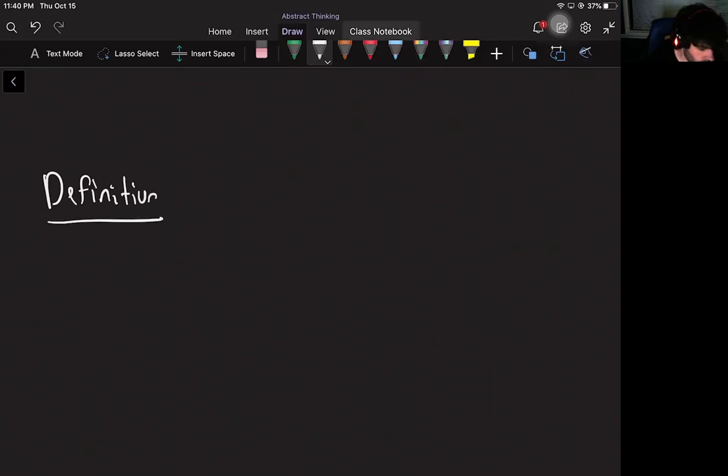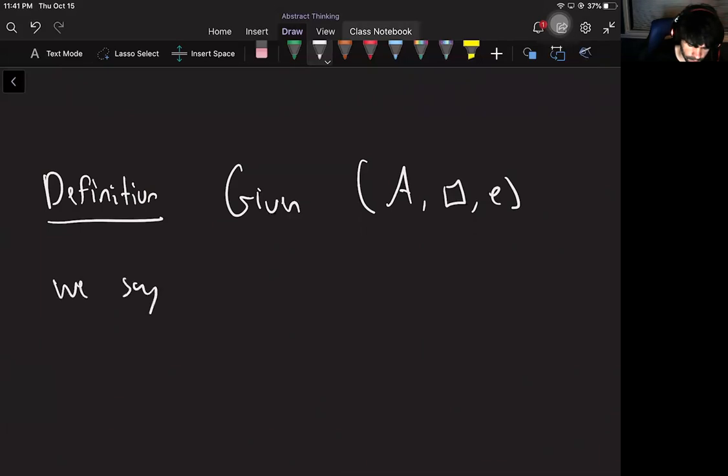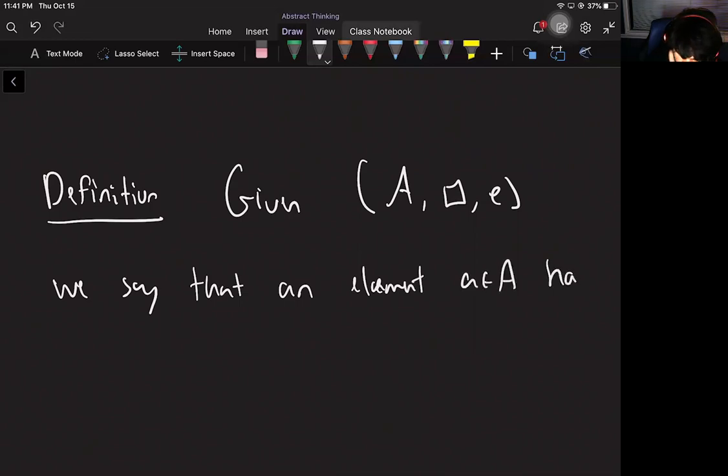So here it is. Given a set A with an operation with an identity, we say that an element A has an inverse, is the right way to say it, called A inverse.